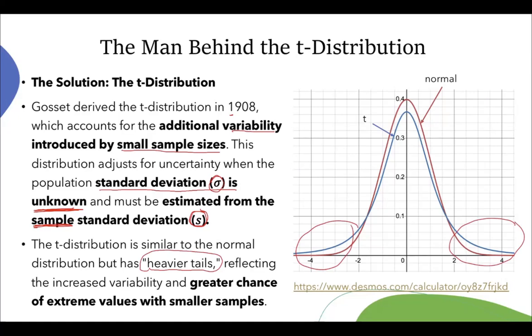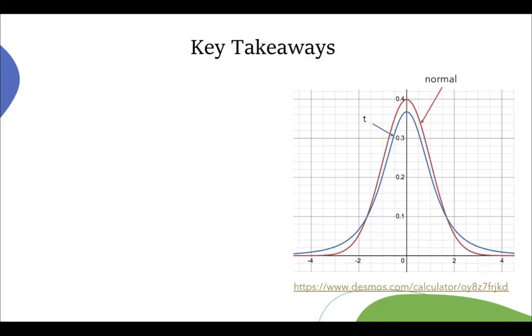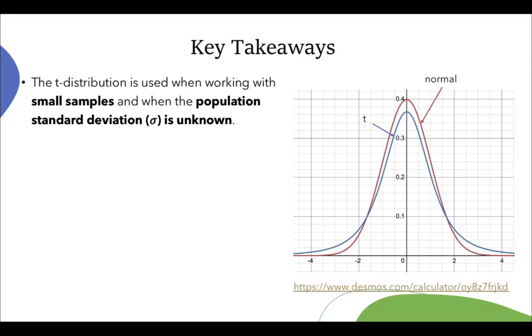So this gives us a greater chance of extreme values with smaller samples. Extreme values with the normal distribution are not as likely, but we do have this additional heavier tail that allows for more extreme values with the t-distribution.